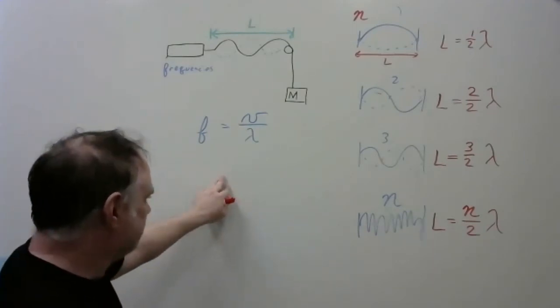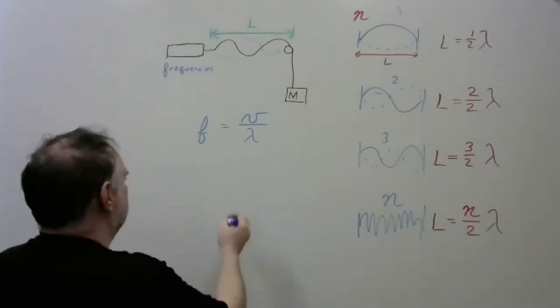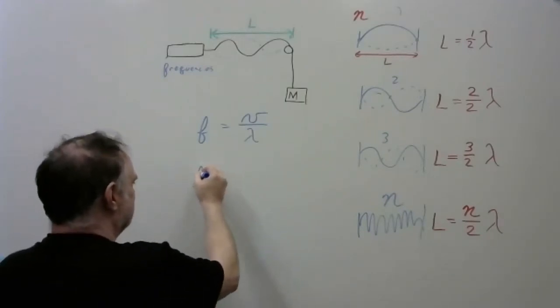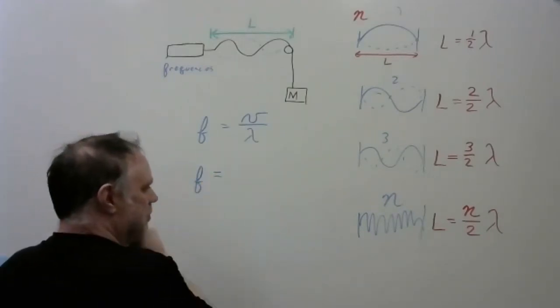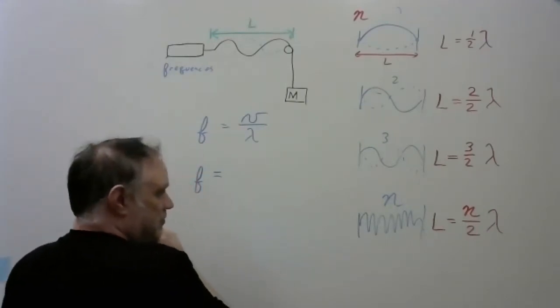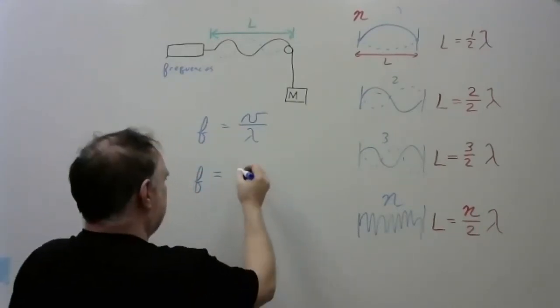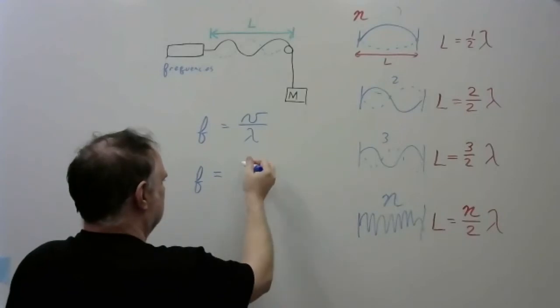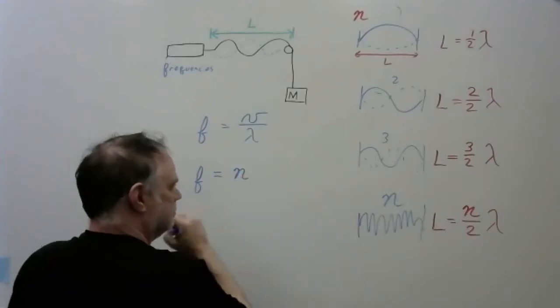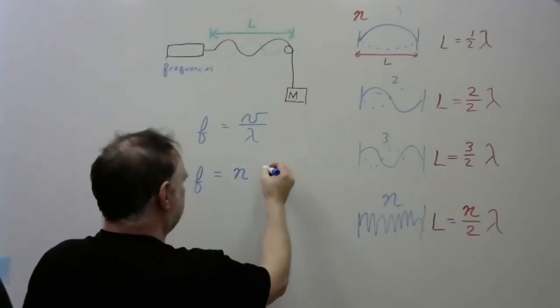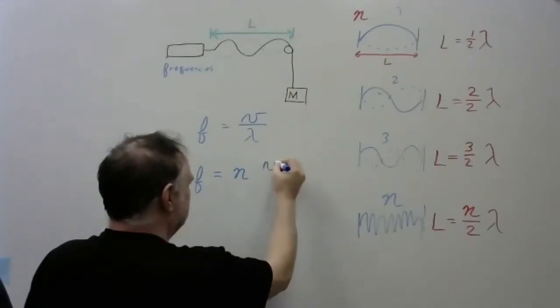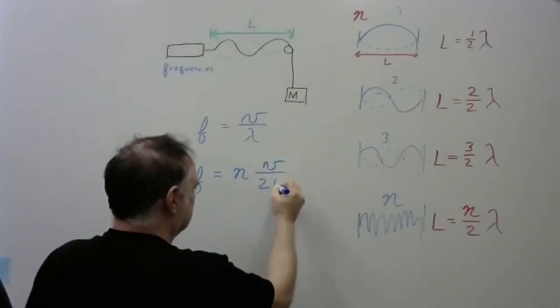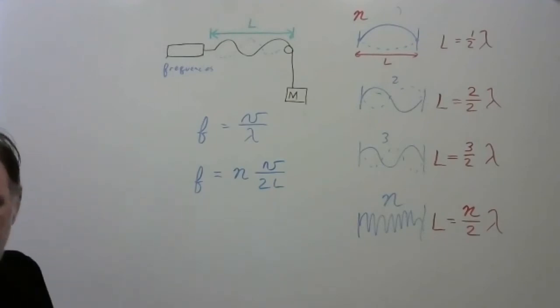Or, if I solve this, what I get is the frequency is equal to n times velocity divided by 2L. Just a little bit of algebra there to get this.